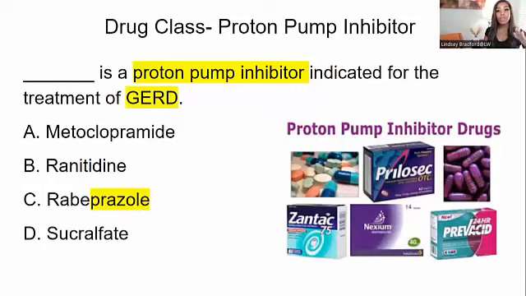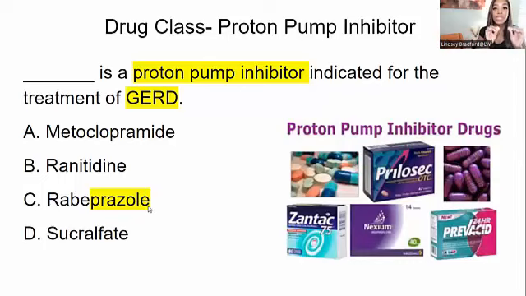But when we think about drugs that may be prescribed to individuals, sometimes their suffix ends in P-R-A-Z-O-L-E. Write that down. Prazole is a suffix for proton pump inhibitors.